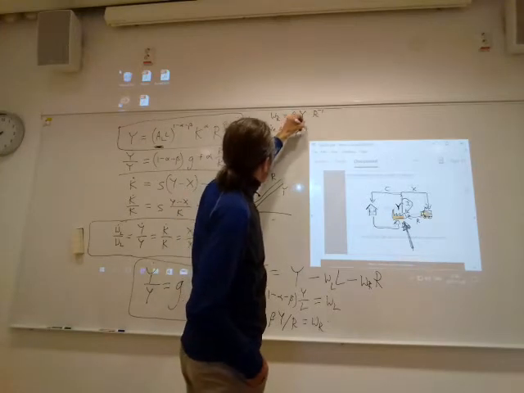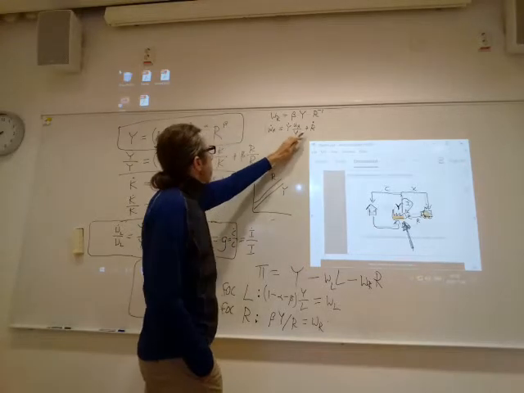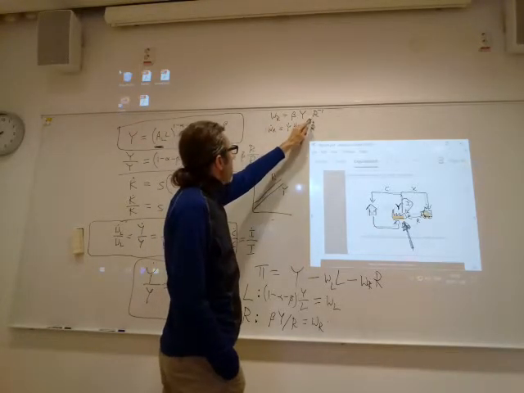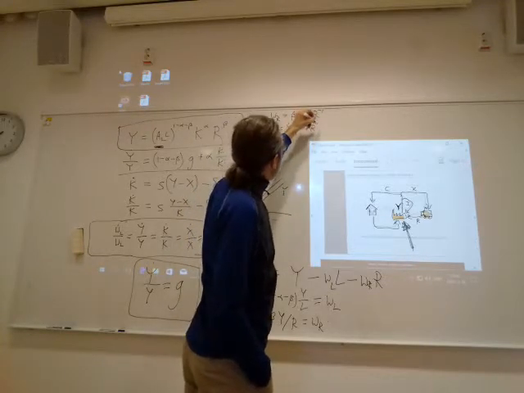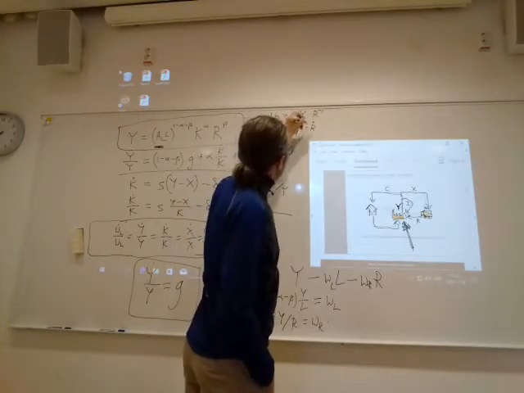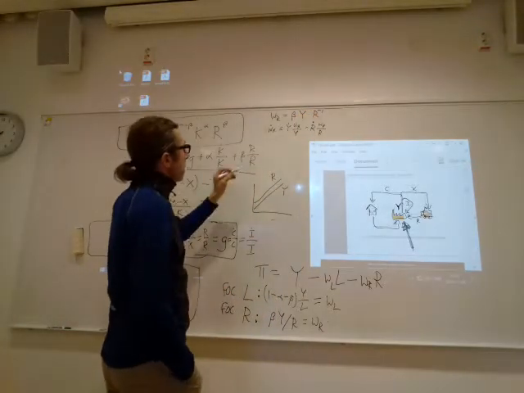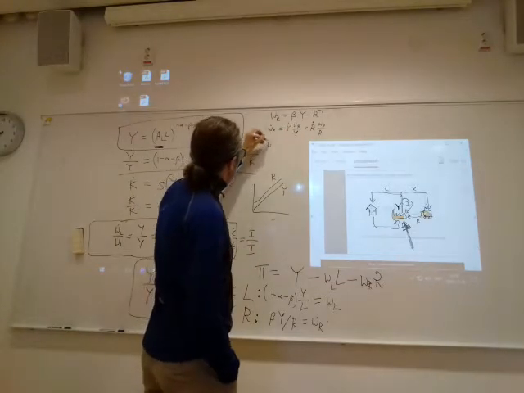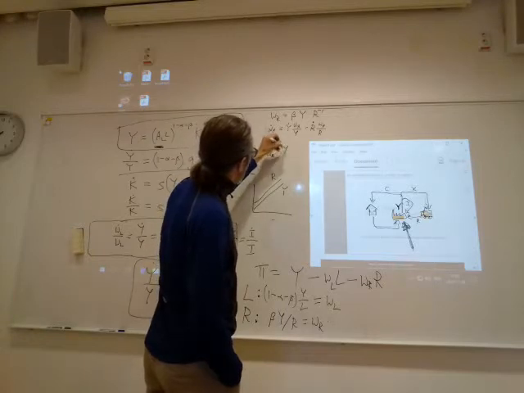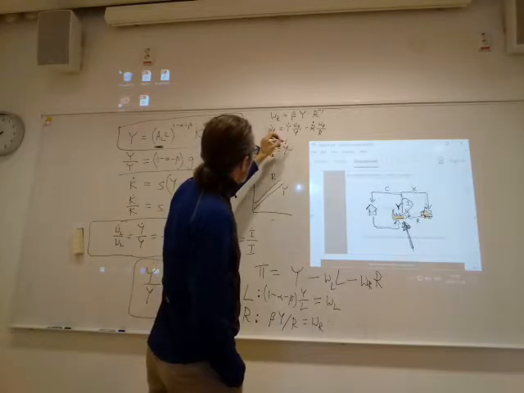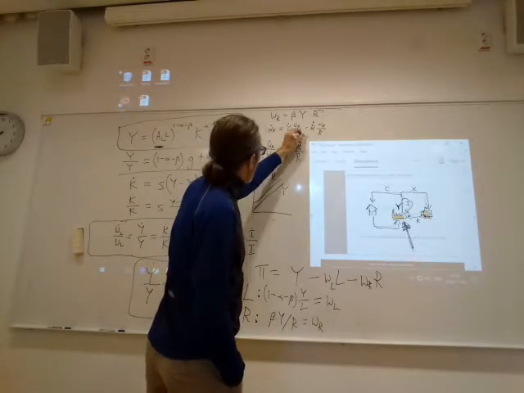And then plus how much R changes over time times dWR by dR. dWR by dR is minus WR over R. So it's minus. So then when we divide through by WR, we get WR dot over WR equals Y dot over Y minus R dot over R.